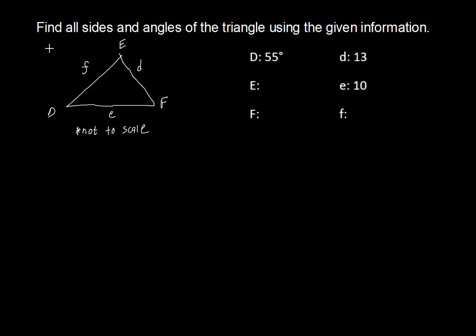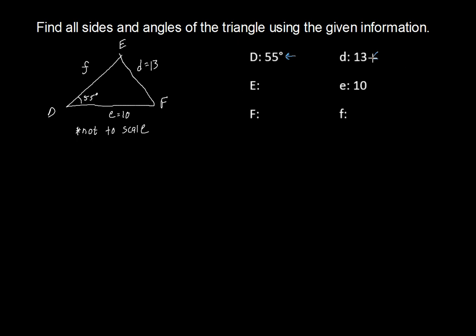So we'll go ahead and fill in what we know here. We know that little e is 10, we know that little d is 13, and we know that capital D is 55 degrees. So this is simply for my reference. Some people need to draw out the reference triangle, some people don't. One thing that I do see pointed out here that is awesome is I start with a side angle pair.